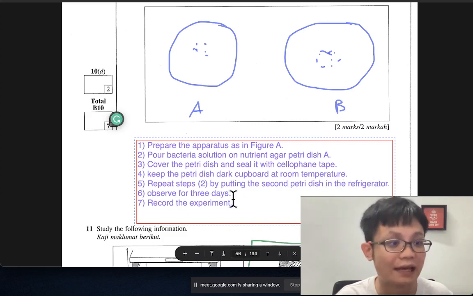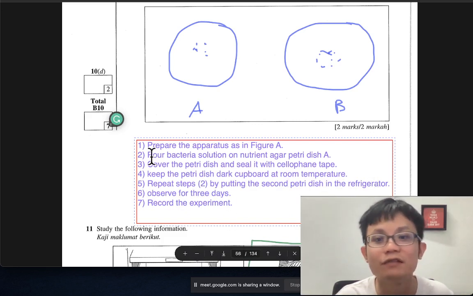So it must be at least clear. Repeat step means what step? Step 1, step 2, step 3. So repeat step 2 by putting the second petri dish in the refrigerator.